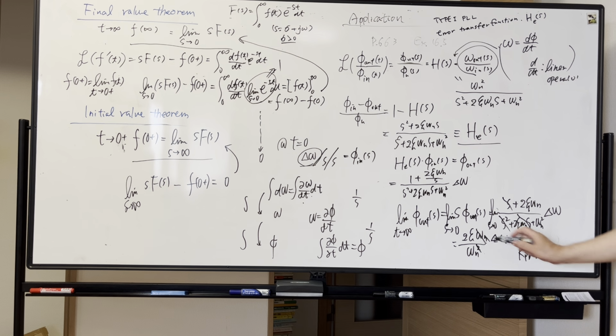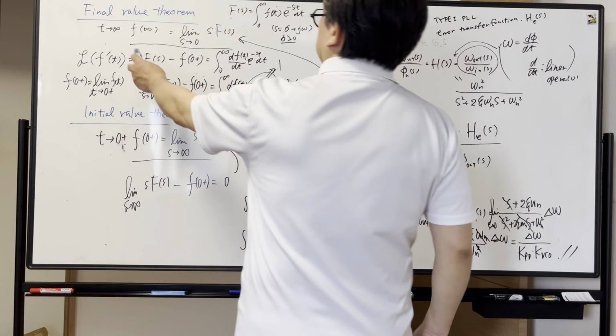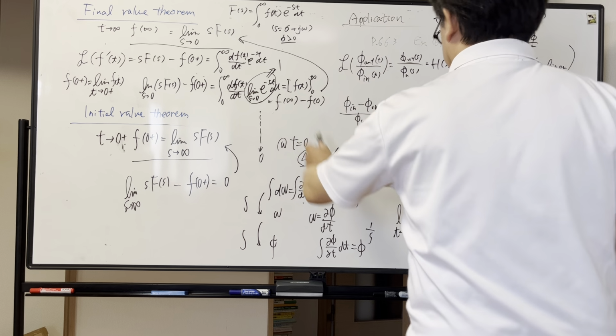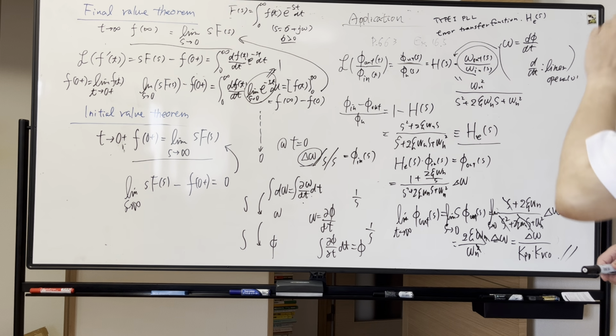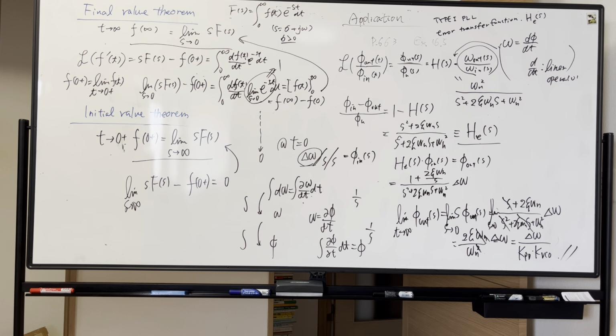Please check that 2 zeta over omega sub n is 1 over KPD times KVCO. Likewise, we can apply the final value theorem to derive the stabilized value of the phase response.